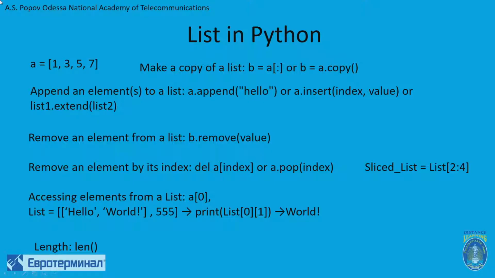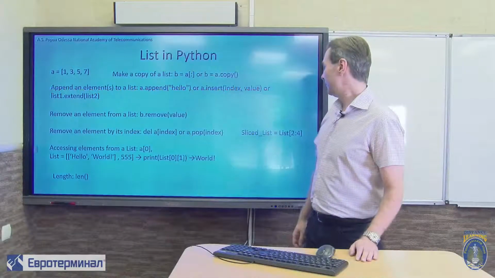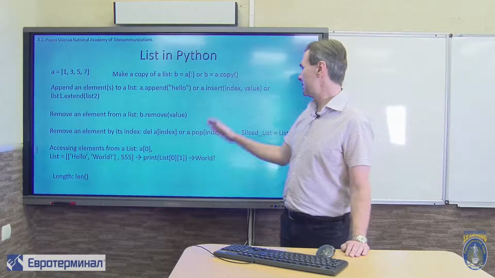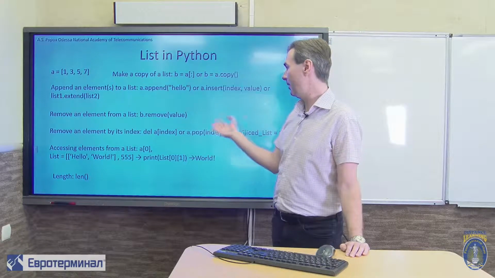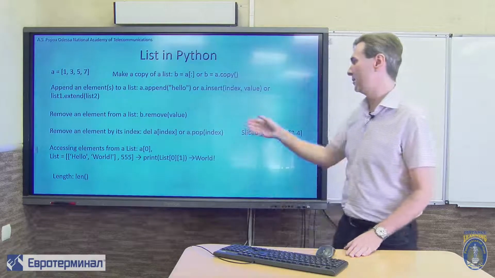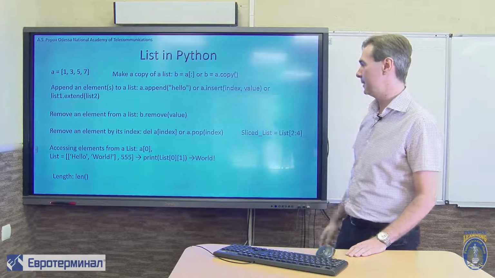So you just specify the list you want to append. Now, to remove by an index, you just use the pop method. So you just specify pop, and you specify an index.